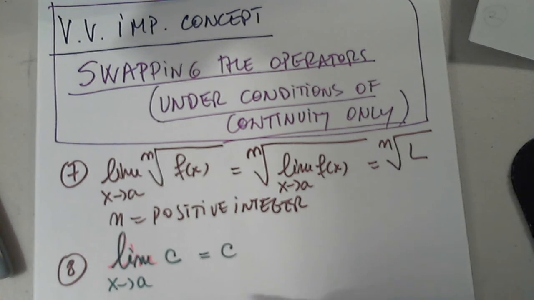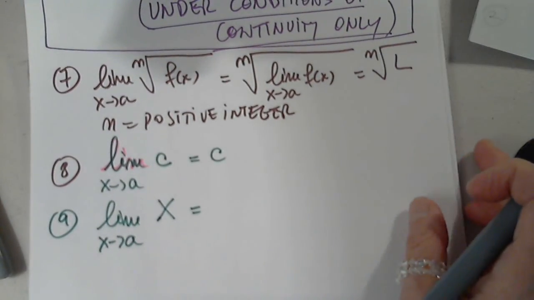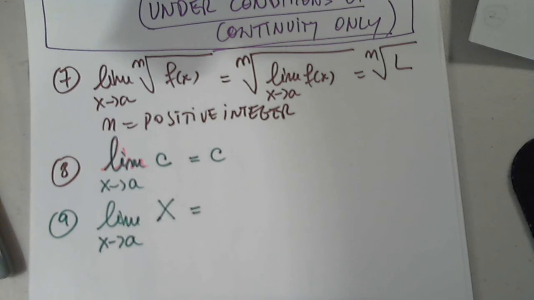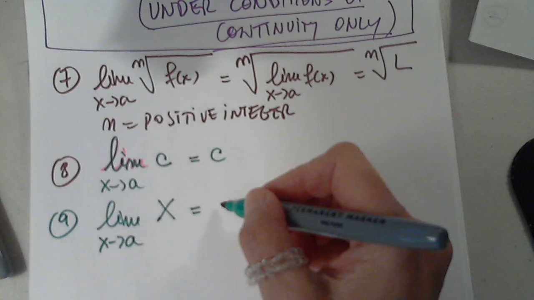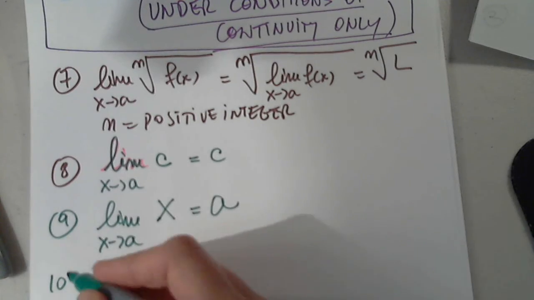Of course, yes. Number 9, the limit of a simple linear function x as x approaches a. And then I would say, plug it in. And when you plug it in, what do you get?